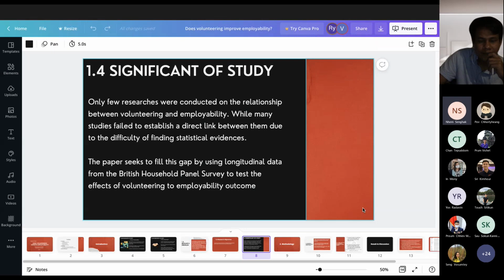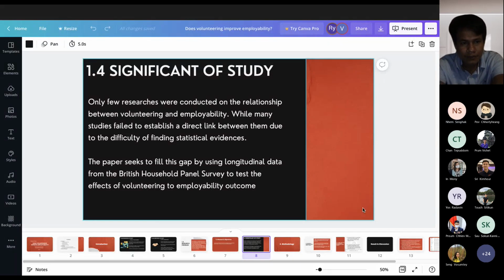So this is the last point of the introduction part, which is the significance of the study. Only a few researchers have examined the relationship between volunteering and employability, whilst many studies failed to establish a direct link between them due to the difficulty of finding statistical evidence.